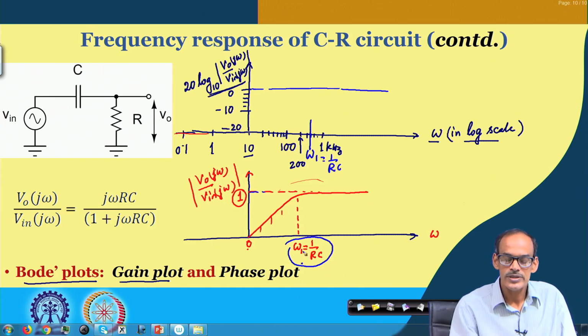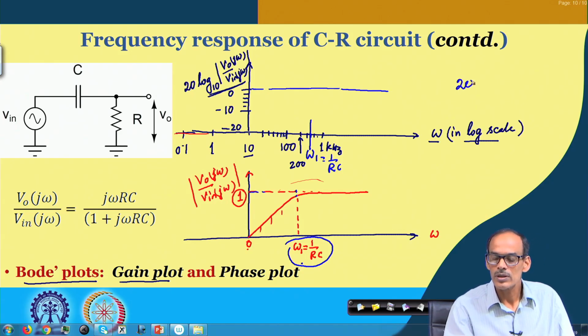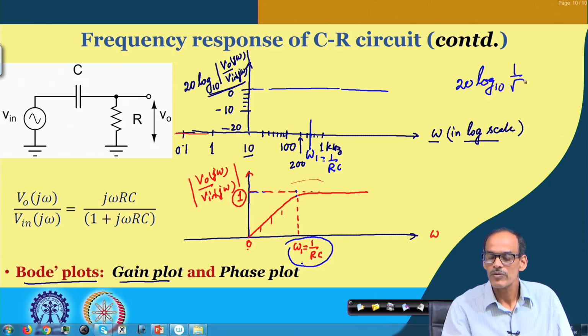and at this frequency the corresponding magnitude is 1 by root 2 times, and if we take 20 log base 10 of 1 by root 2, what we get here is minus 3, and its unit is decibel, dB.